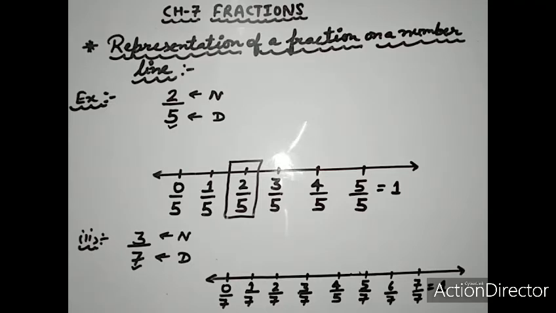Okay, so here we divide this number line into 7 equal parts, and the denominator is equal to 7 here. So where is 3 upon 7 on this number line? So here 3 upon 7. This box shows the fraction 3 upon 7. So this is a method to represent a fraction number on the number line.